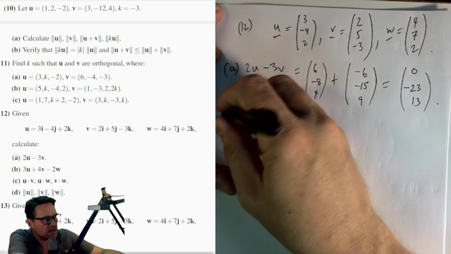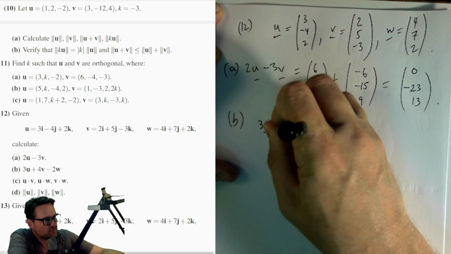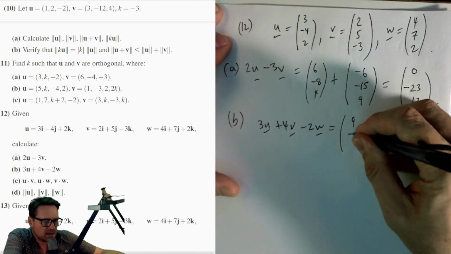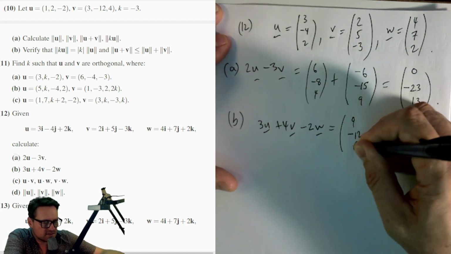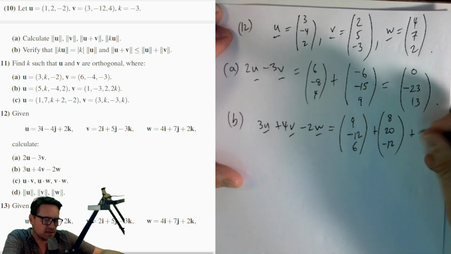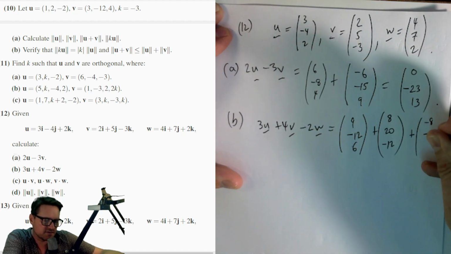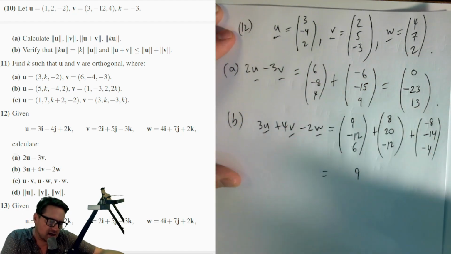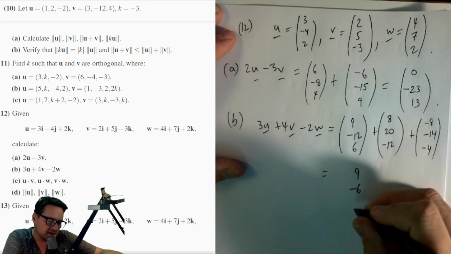Part A. Okay, part B, 3u plus 4v minus 2w is 9 minus 12, 6 plus 8, 20 minus 12 plus minus 8 minus 14 minus 4, which gives us 9 minus 6 minus 10.